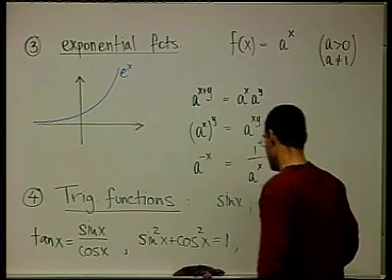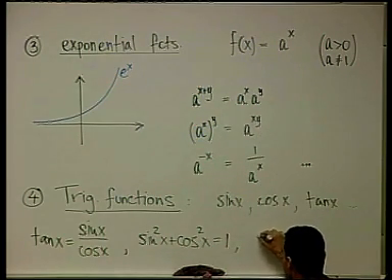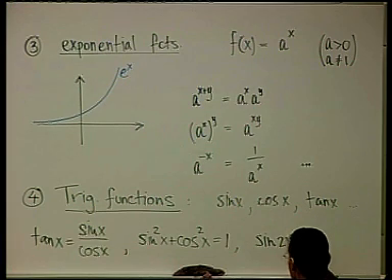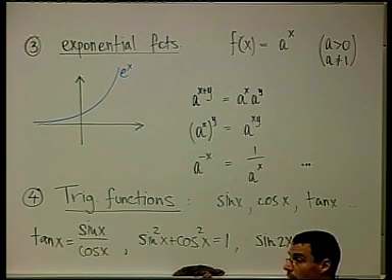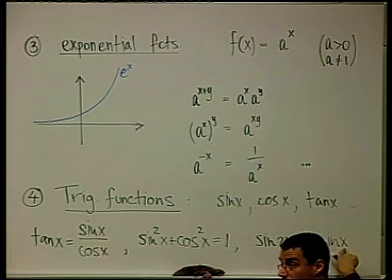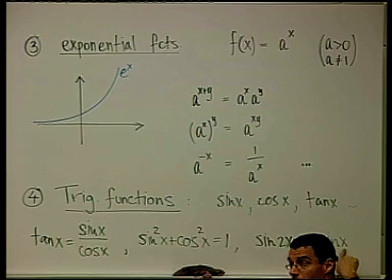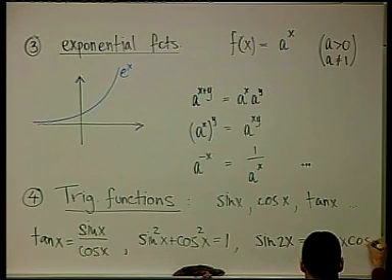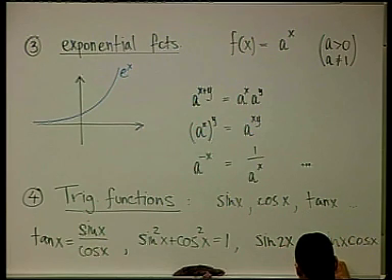And, for example, that sine of 2x is 2 sine x cosine x, and in particular, it's not the same as 2 sine x. There are many, many of these.